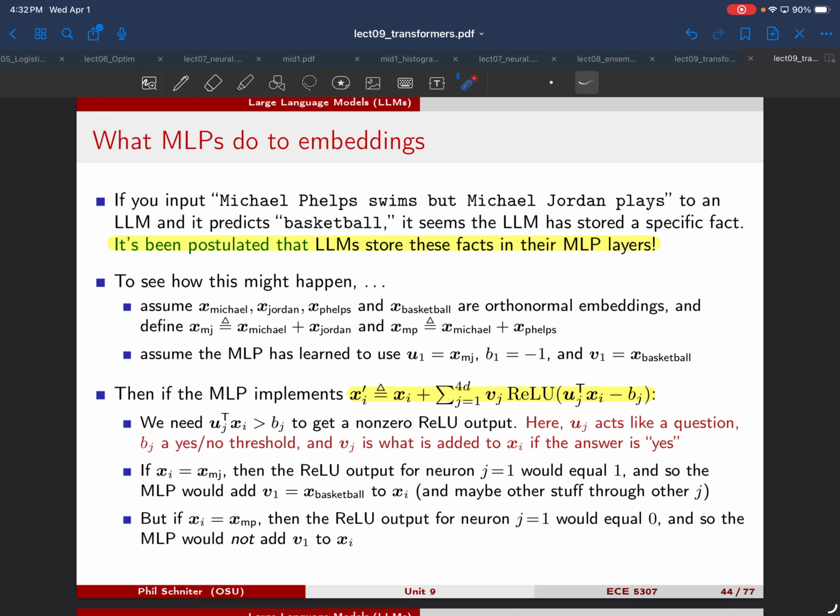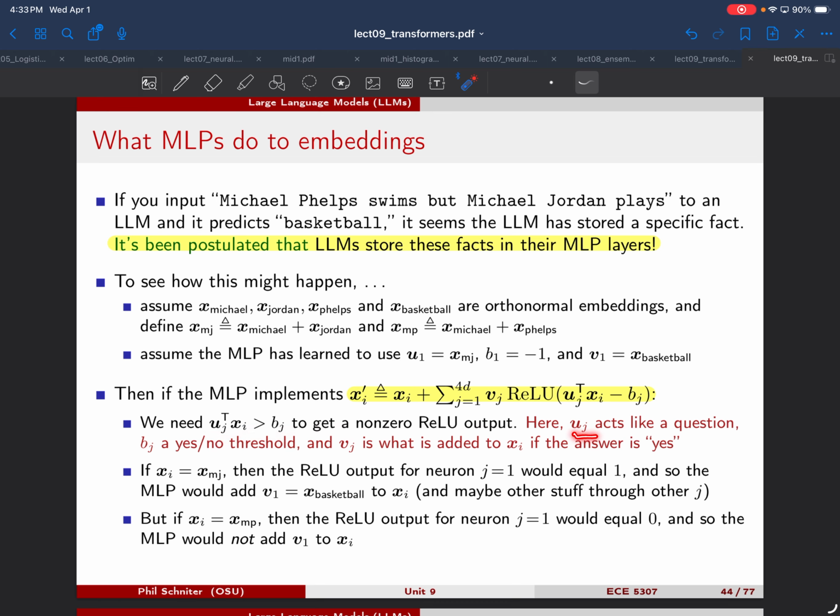Essentially, remember that the ReLU passes anything positive and sets to 0 anything negative. So for this to be positive, you need this part to be greater than this bias. You need the inner product U_j transpose X_i to be greater than the bias b_j to get a non-zero ReLU output.